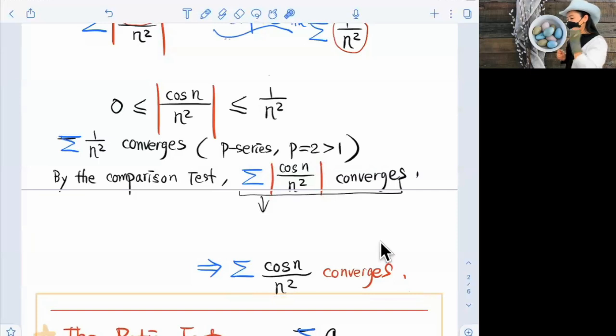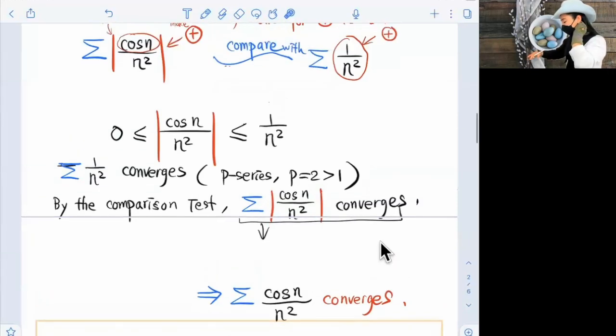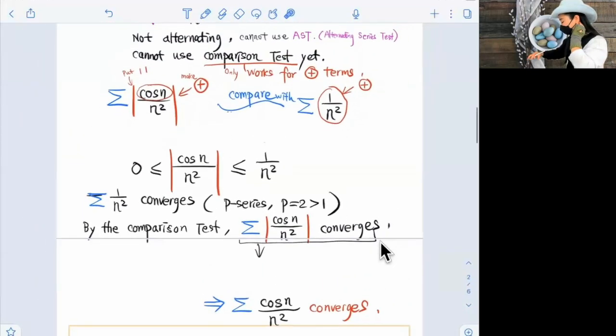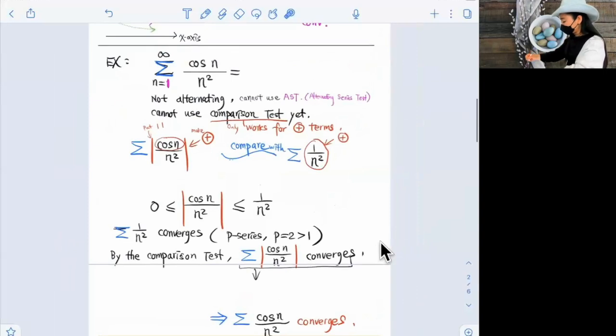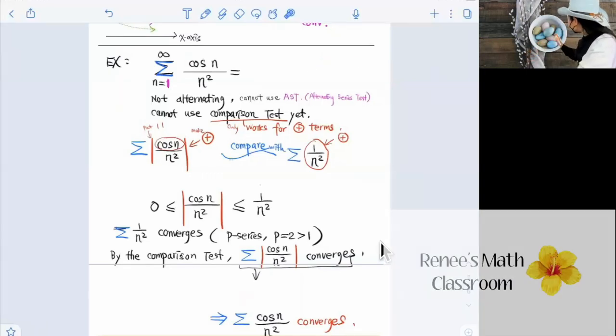So this gives you an idea: sometimes the series you are trying to test for convergence or divergence is sometimes positive, sometimes negative, and it's not alternating. Then you can do a trick.